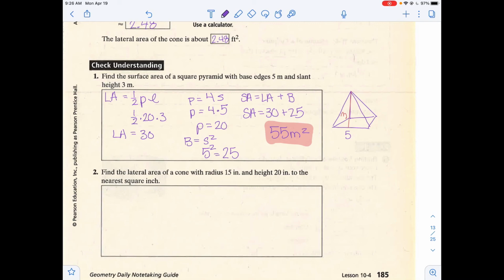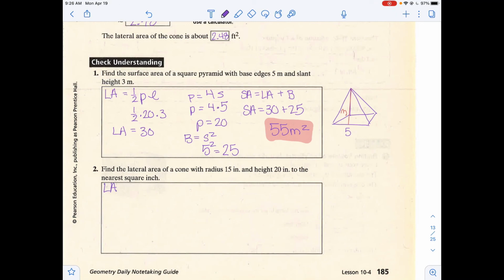Okay, then we need to find the lateral area of a cone with a radius of 15 and a height of 20. So this is going to be kind of like that second example we did earlier. Lateral area of a cone is pi times radius times slant height. Now, this does not give slant height. We have radius and height, but not slant height.